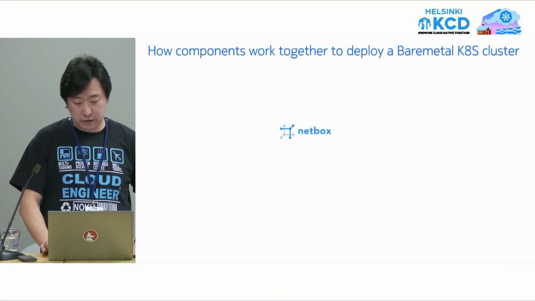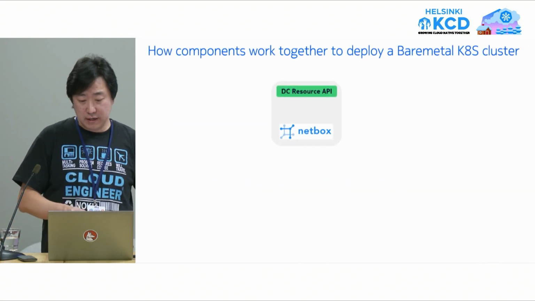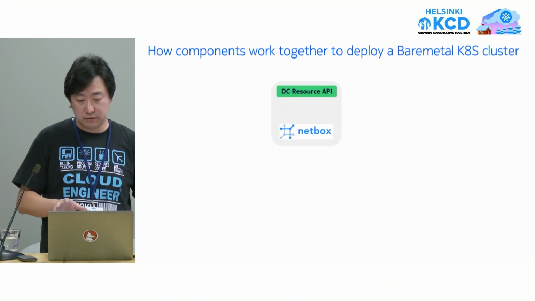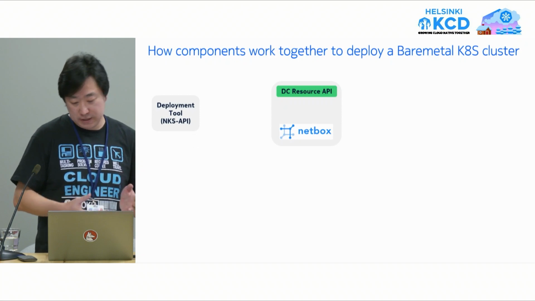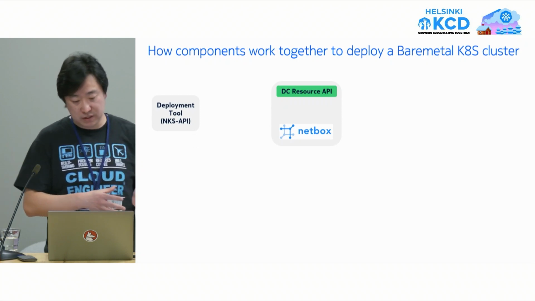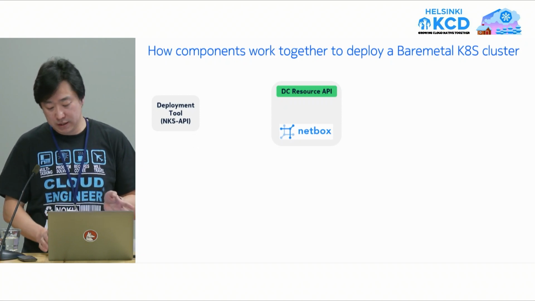And we build an abstraction layer, a DC resource API, in order to get requests, for example, from the deployment tool. We call it Ncase API.